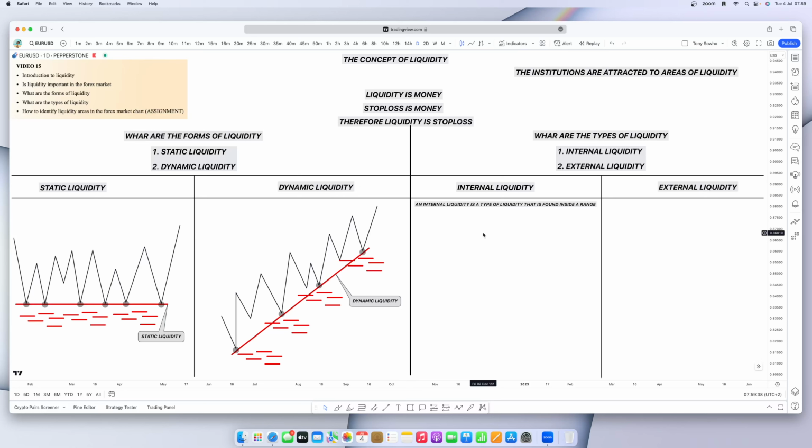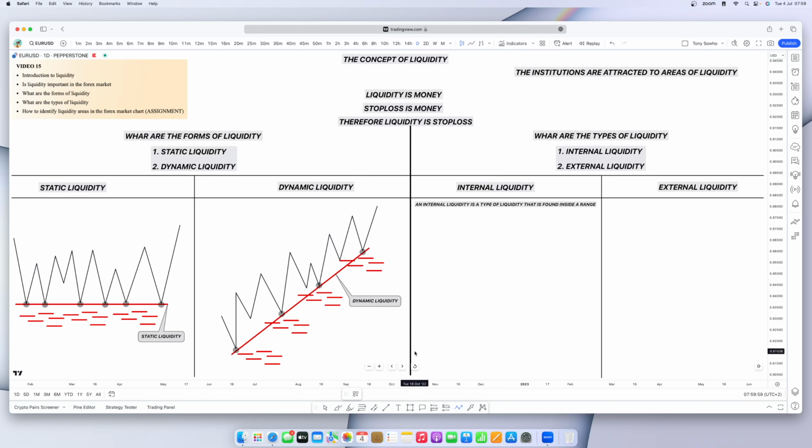Okay. Now, what do I mean? Inside a range. If you do not understand what range is, go back and watch the video. Inside a range means we need to have a range first before we can even be able to spot internal liquidity. So that means we're going to have the trend. Remember, price is giving us what?